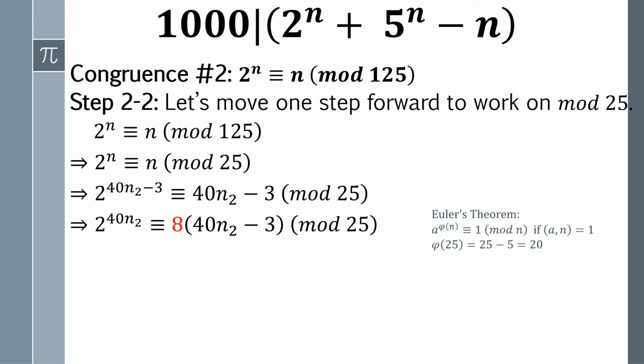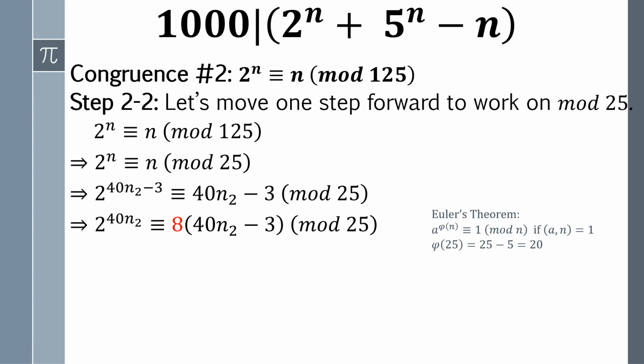This theorem states a to the phi n power is congruent with 1 modulo n if a and n are relatively prime. Here, phi n is Euler's totient function, which counts the positive integers up to a given integer n that are relatively prime to n.